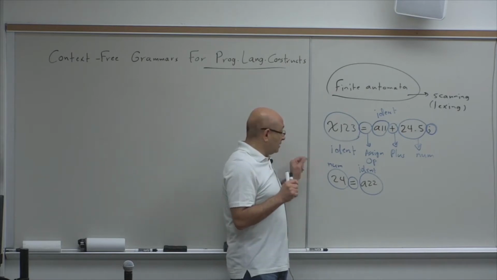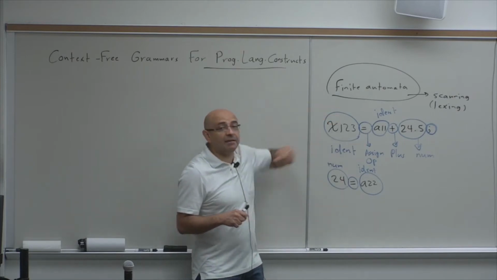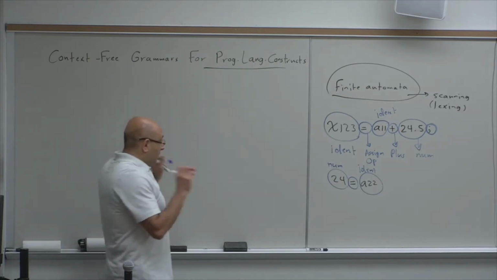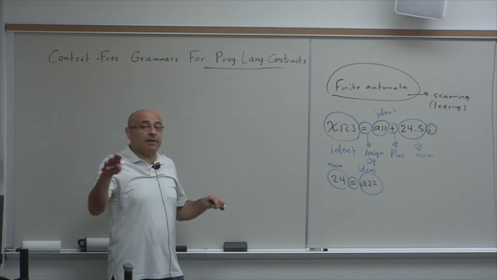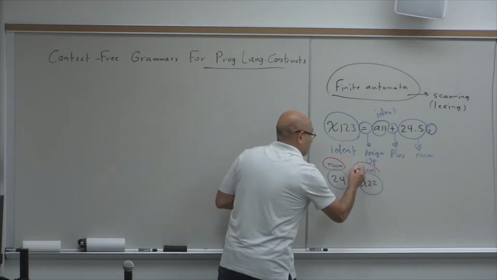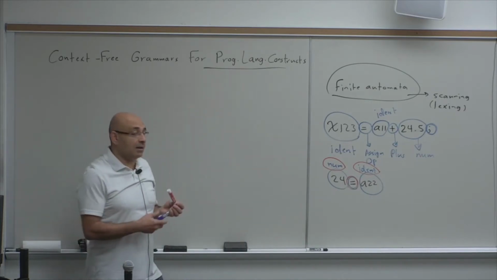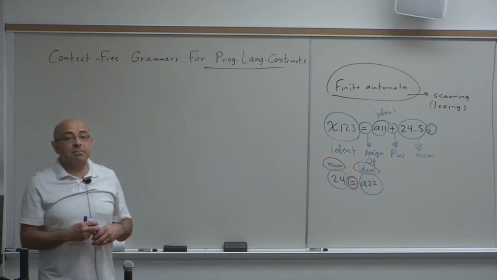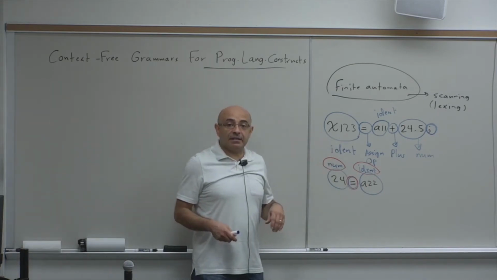And for us, in today's lecture, these tokens that are recognized in the scanning phase are the terminals for us. So at the syntactic level, at the statement level in a programming language, this is a terminal, and this is a terminal, and this is another terminal. So the tokens that are recognized by the scanner become the terminals for the grammar that will describe the syntax of the language, the syntax of a valid statement in a language.